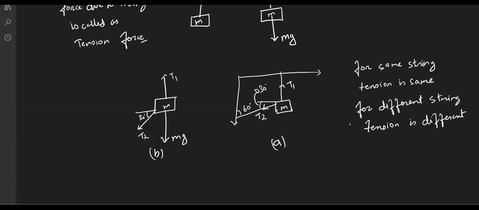Now, try to write the free body diagram. Prahlad, in a right angle triangle, if one angle is 60 degree, then obviously the other angle would be 30 degree.